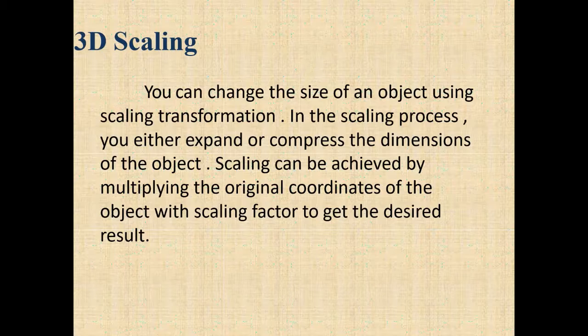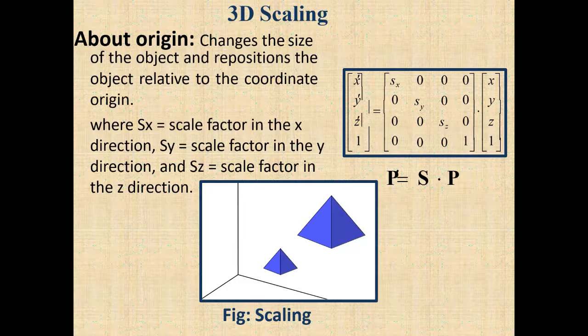Scaling. With the rotation part covered, I hope this is understood by everyone, because this was the most important part in the rigid transformation in 3D. Now we are moving to scaling, which is absolutely similar to the 2D scaling, only SZ will be added.